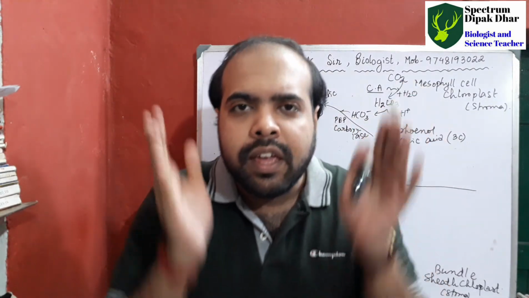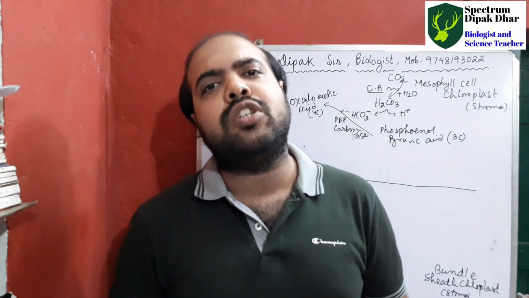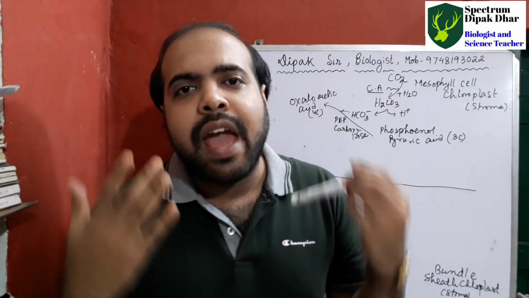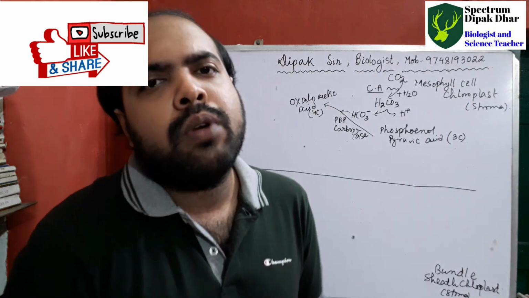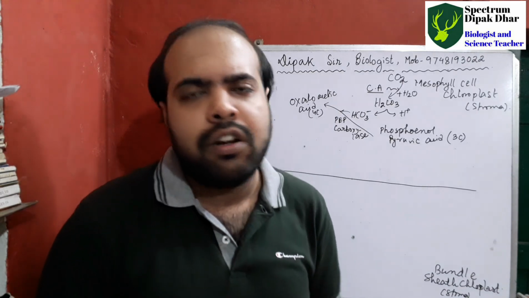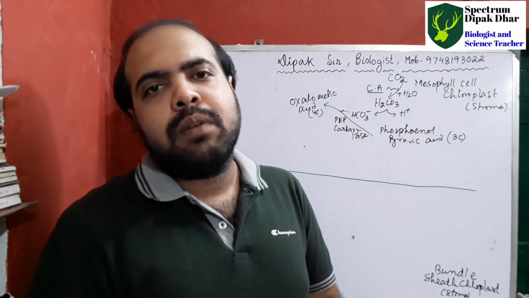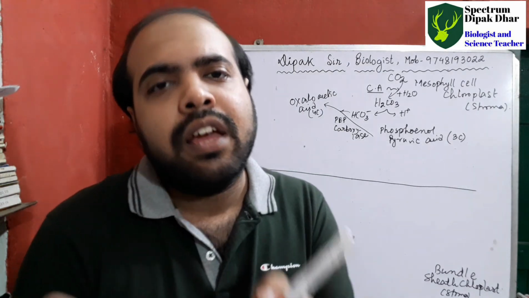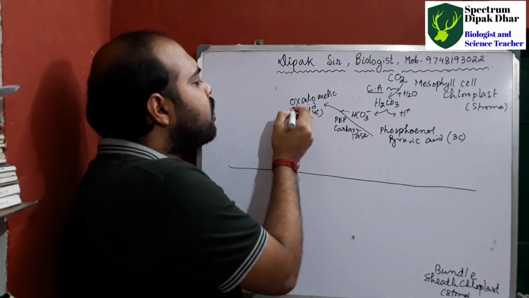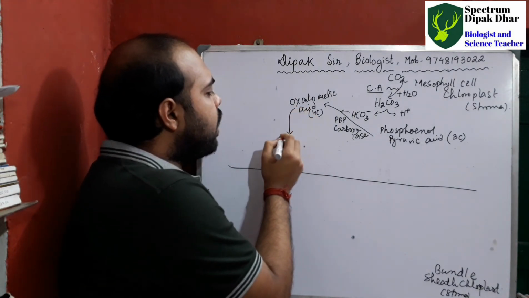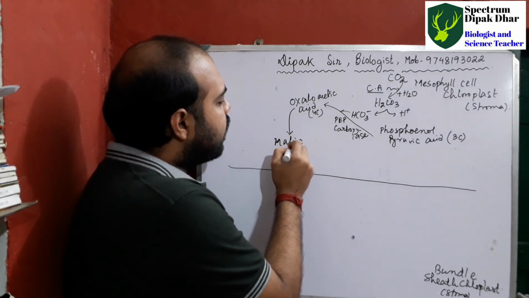So here in this case, the NADPH will be acting as a donor of electron and hydrogen, where it will donate its electron and hydrogen to the what? To the oxaloacetic acid, and ultimately reduce the latter and get itself oxidized. So now oxaloacetic acid will be reduced to malic acid.